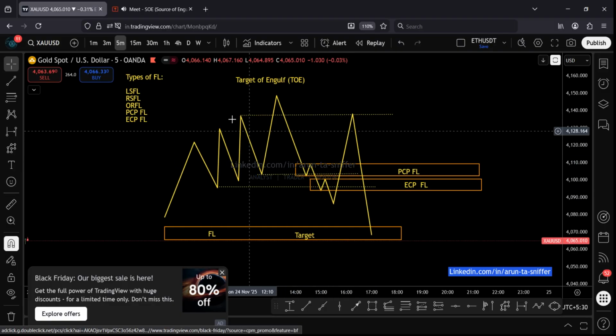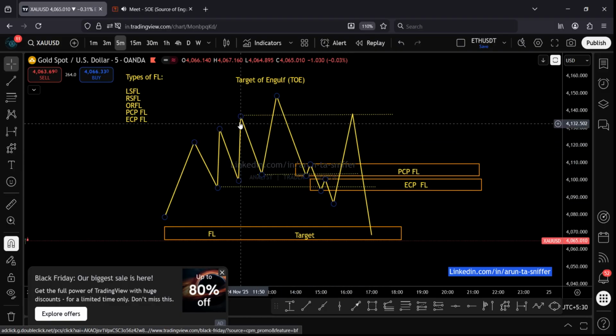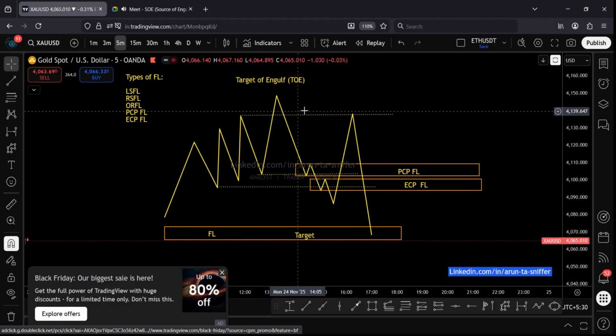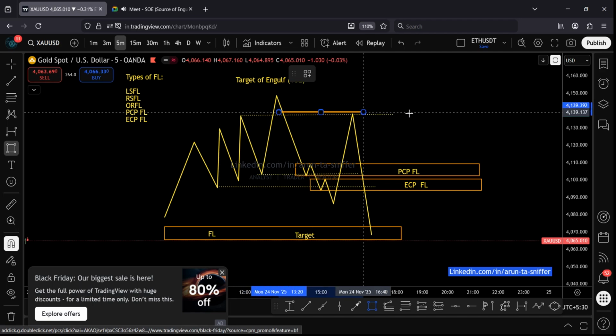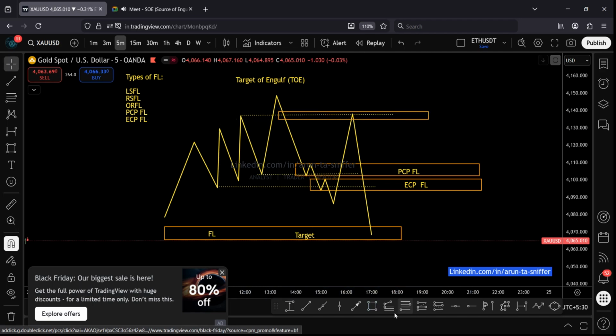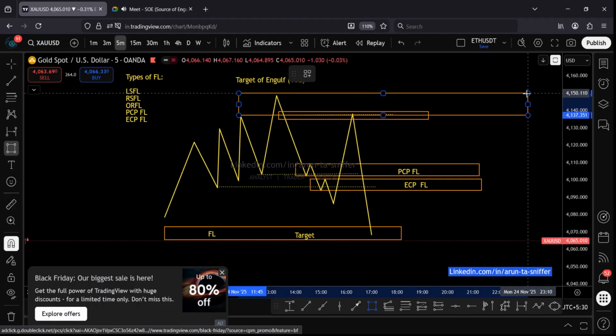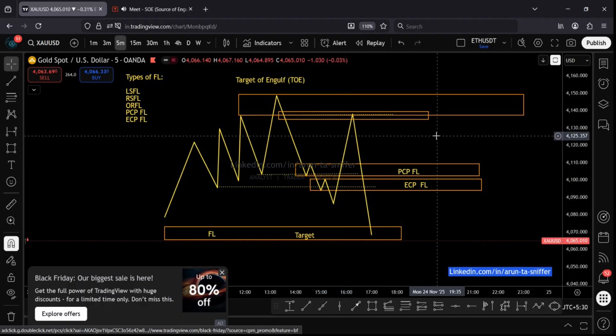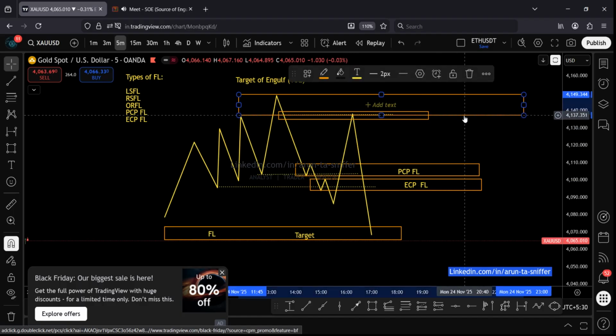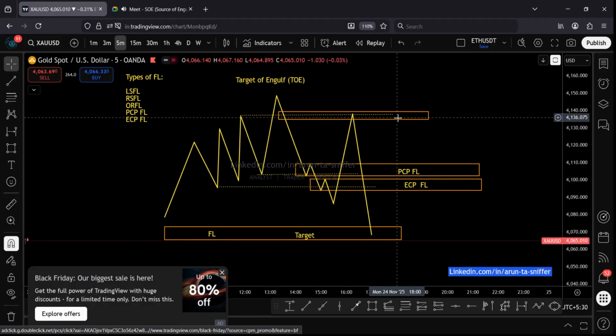Otherwise, when price goes back to this LS area, not only is this the LS area, but also if we look here, this is our MPL area from here to here. So we can take the touch trade here. Okay. Any other question?